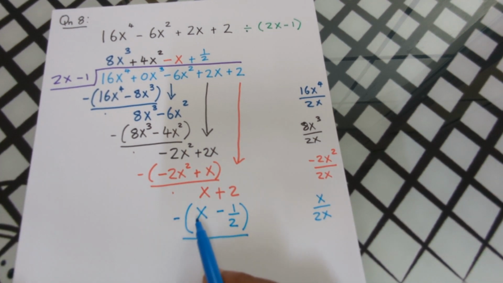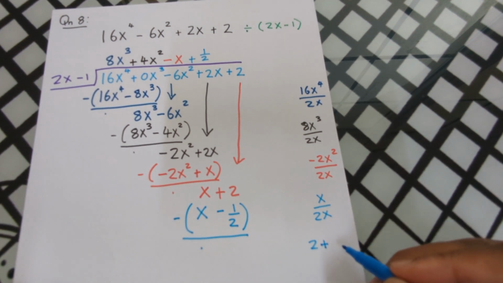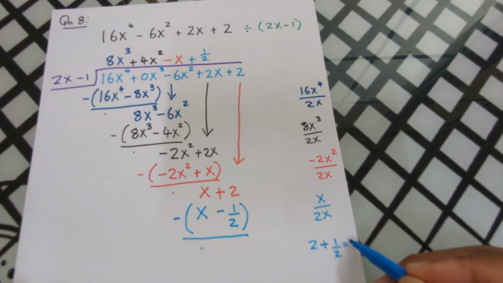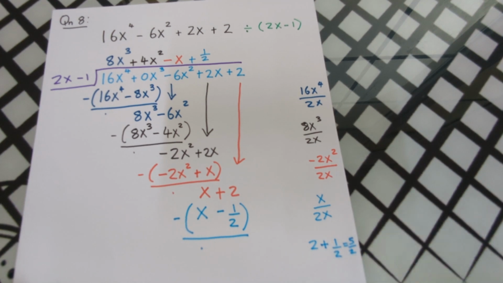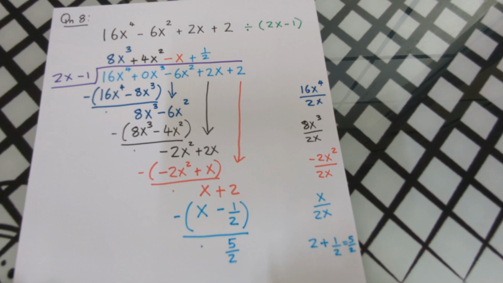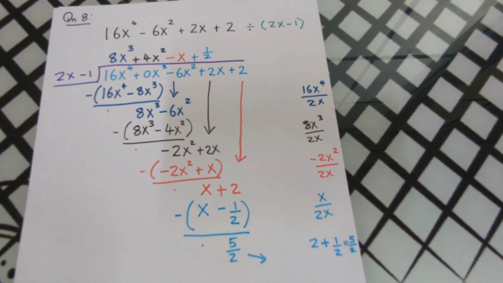Now x minus x will give us a 0. 2 minus 1 by 2, so we have 2 minus will turn into a plus 1 over 2. So 2 plus 1 over 2 will give you 5 over 2. So let's write our 5 over 2 here. So this is our remainder.